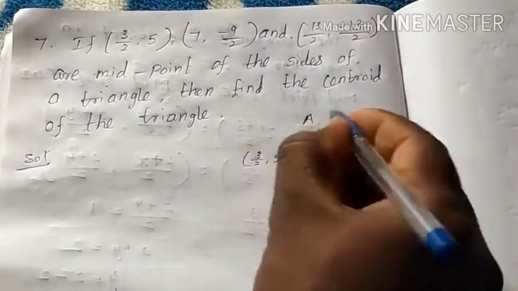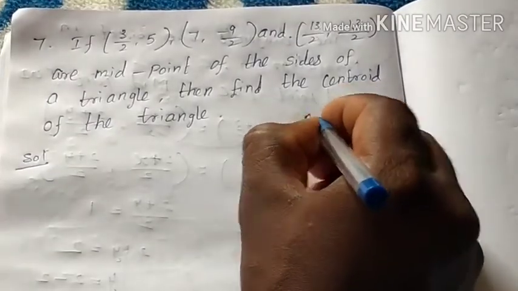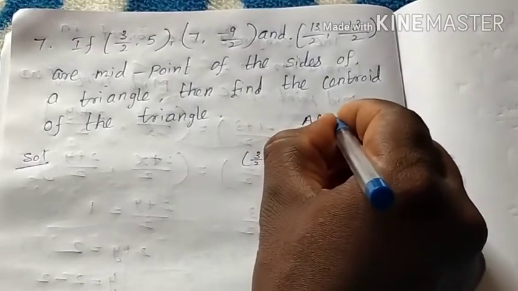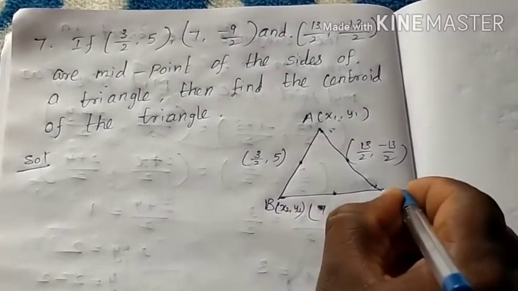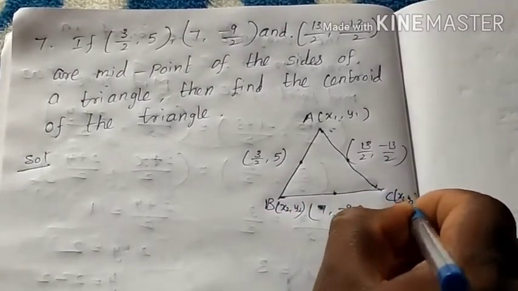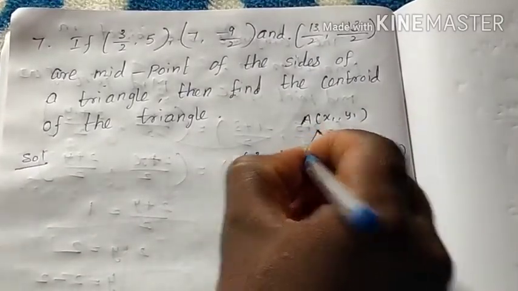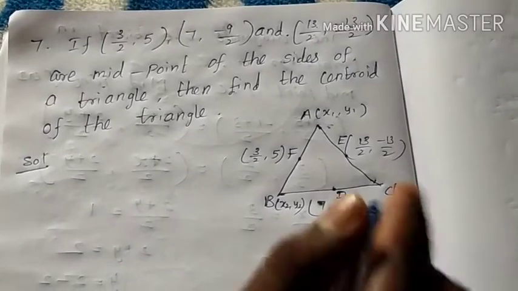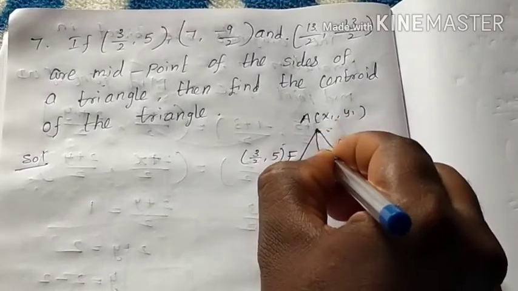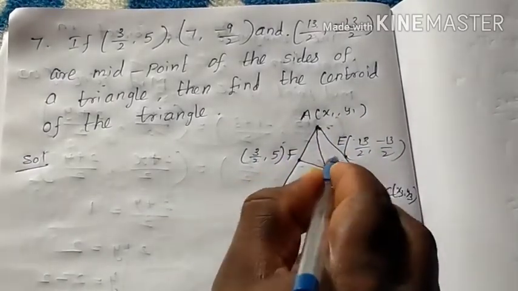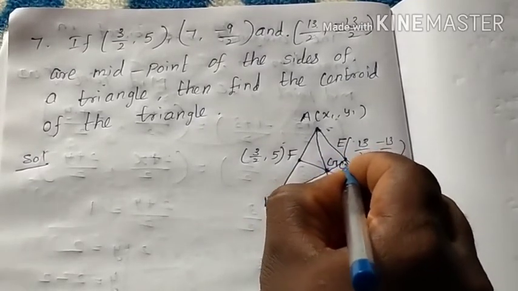So we give the names. This is A, B, C, the vertices of the triangle. Let the vertices of the triangle be A(x1, y1), B(x2, y2) and C(x3, y3). The midpoints are named D, E, F. This is the centroid of the triangle, (x, y).